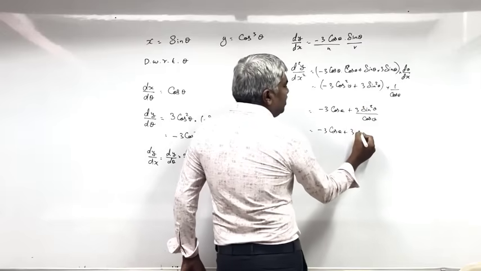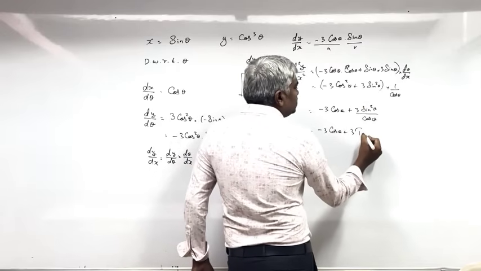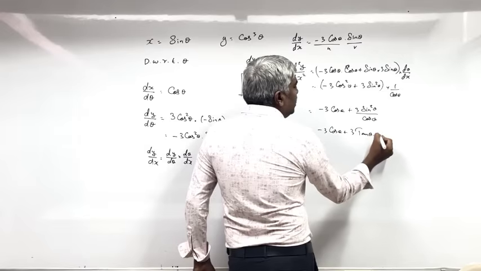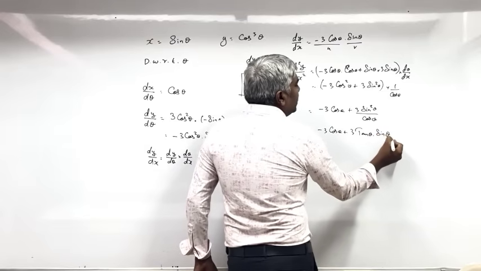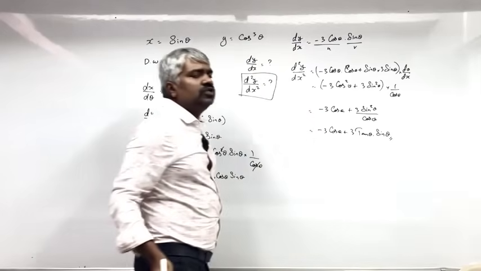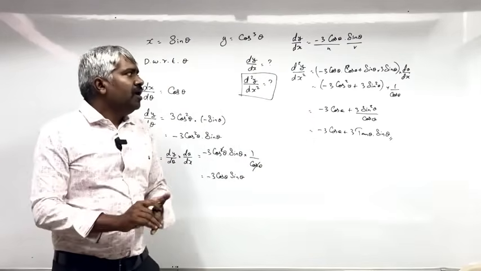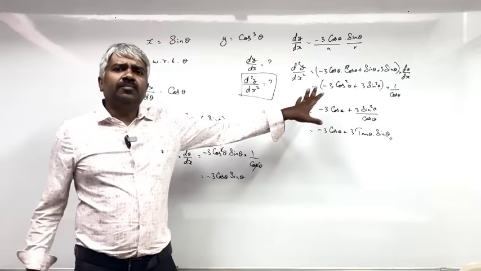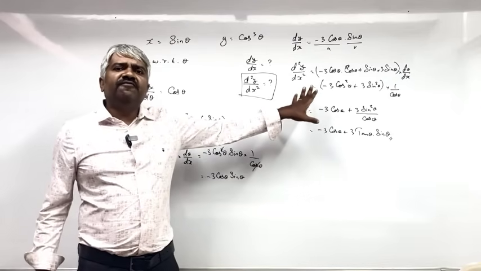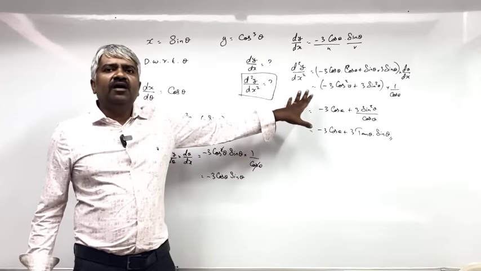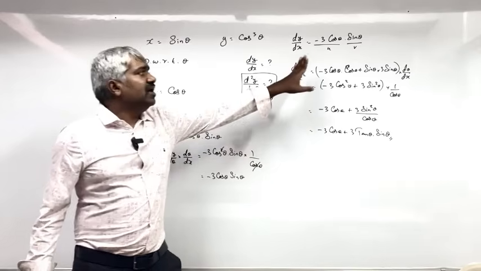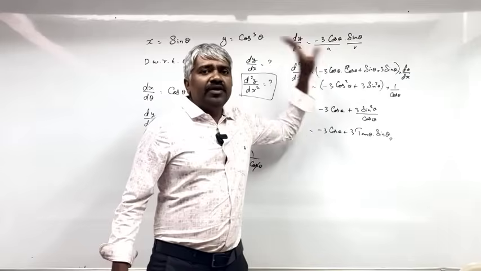Sin theta divided by cos theta is tan theta into sin theta. So this will give you better knowledge about how we are differentiating with theta when x and y are given.